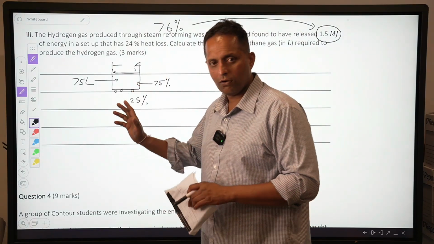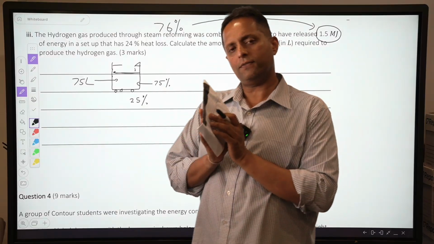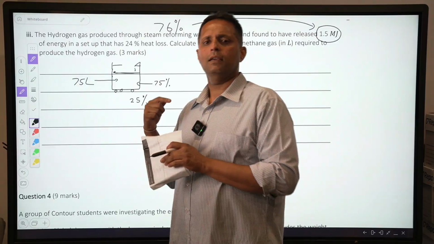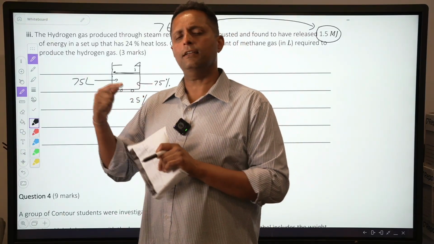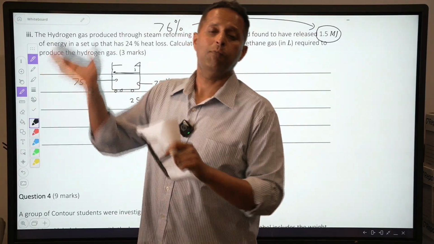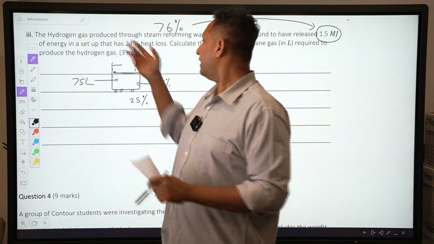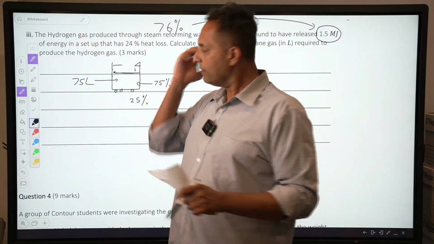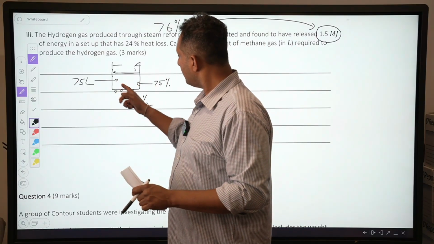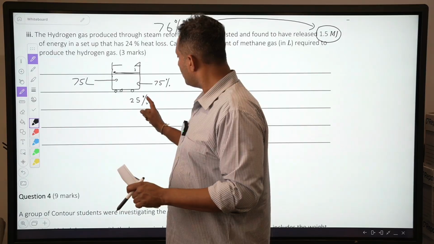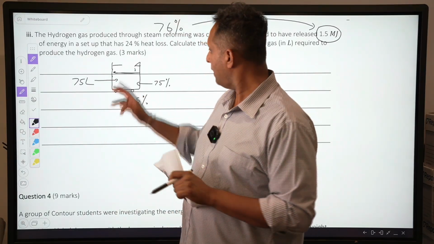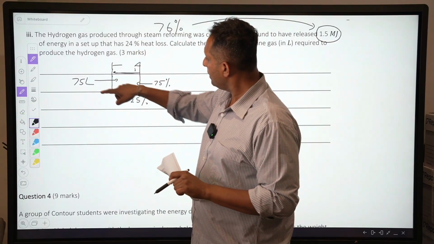To have 75 liters left in this bucket, what is the amount of liters of water you have poured in? It is 100, isn't it? So you need to pour more. Then some of the water will be lost, but there will be some water left in the bucket.